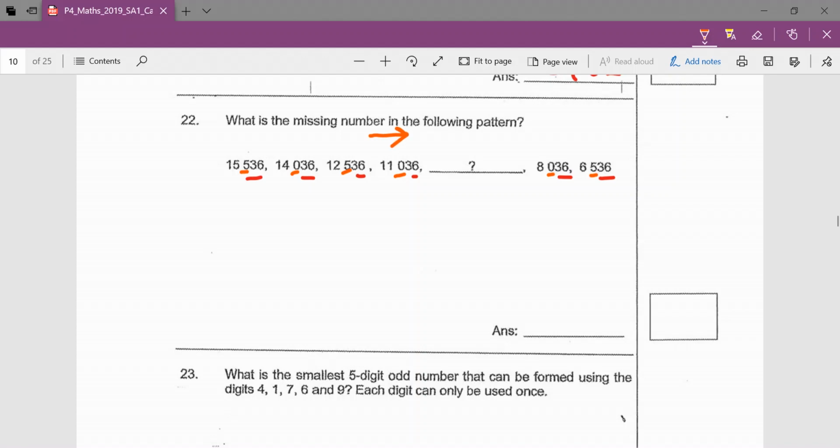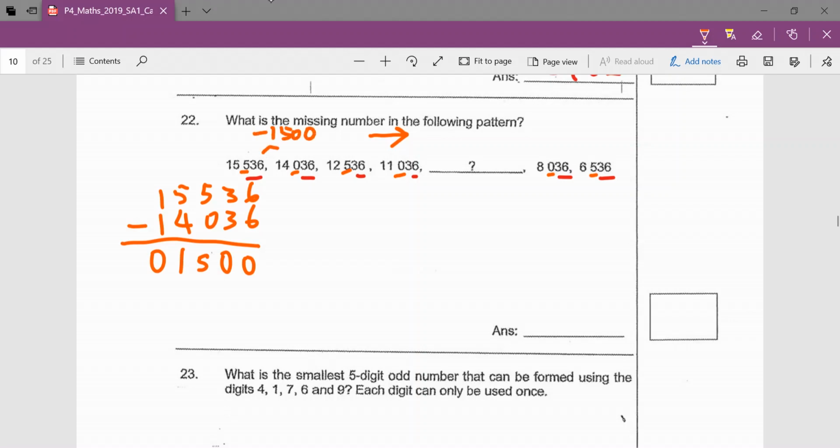Now we figure out whether it's a fixed or increasing, decreasing interval. So we use 15,536 minus 14,036. We're going to get 1,500 in between. It has been minus by 1,500. I check it for the second one. 1,500, I minus it away.